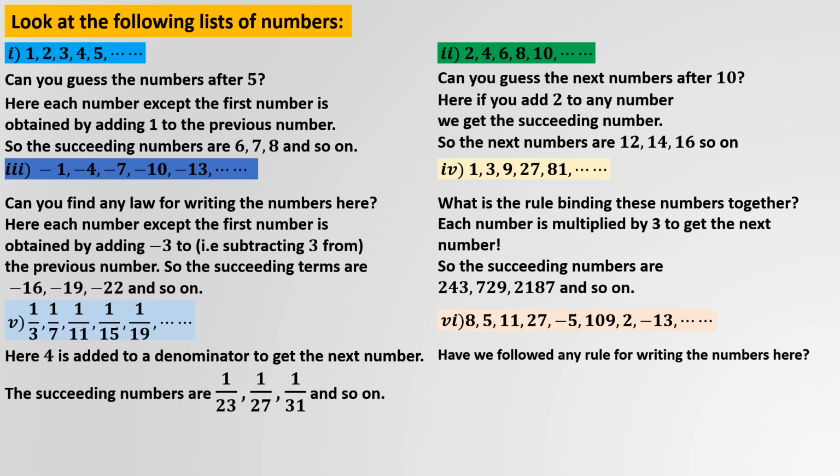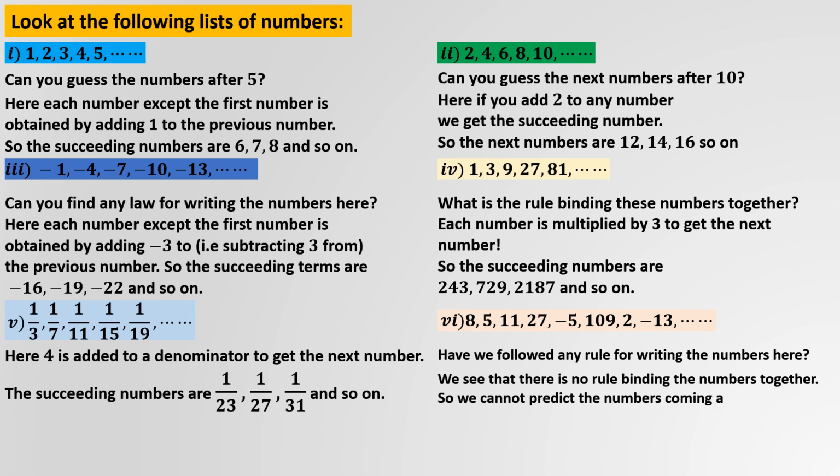Have we followed any rule for writing the numbers here? We see that there is no rule binding the numbers together. So we cannot predict, we cannot guess the numbers coming after -13.